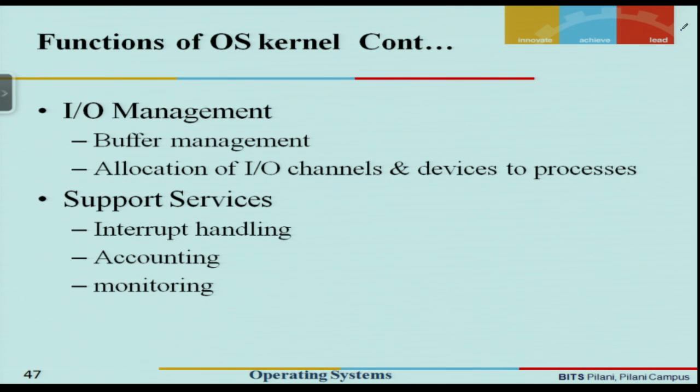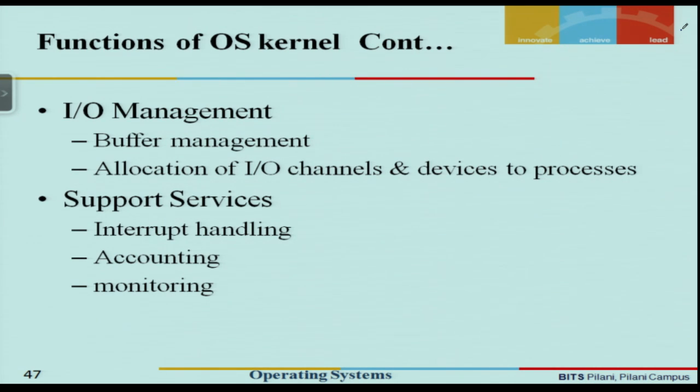In that case, there is a great likelihood of a speed mismatch between the two devices. For example, when we read data from a keyboard or from a hard disk and try to load it into memory, the memory access speed is of the order of a microsecond or nanosecond, whereas data accessed from a hard disk is of the order of a millisecond.